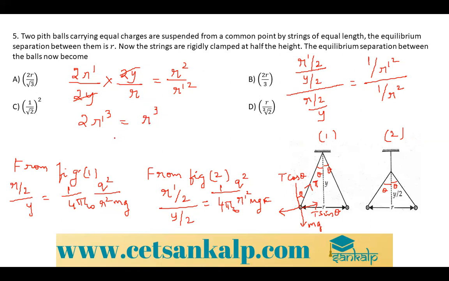So r dash is equal to r divided by cube root of 2. So option D is the right answer.